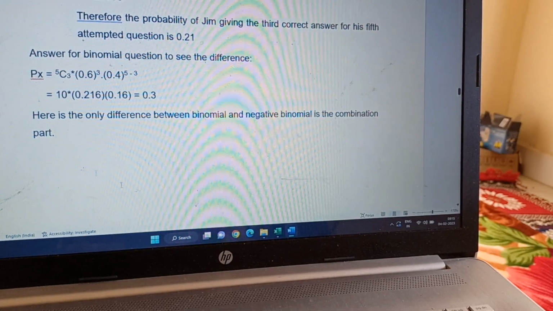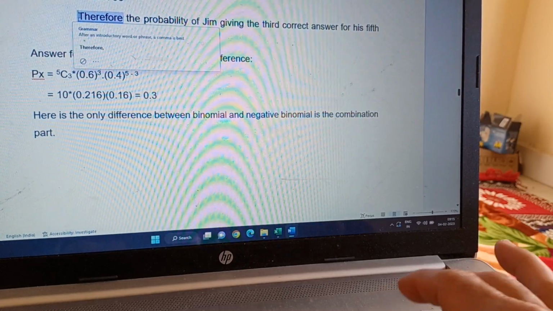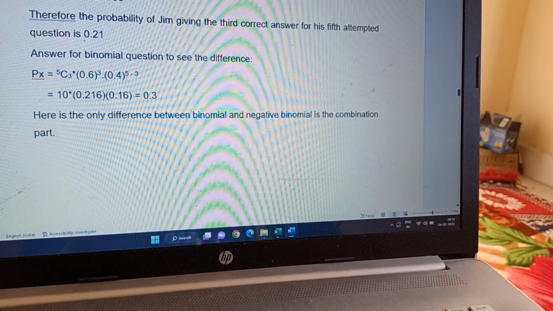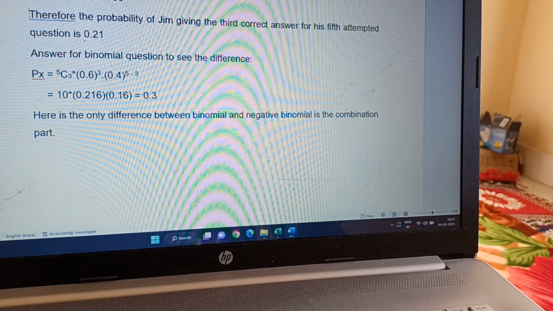Okay, it is 0.21. Now we go to the binomial question, meaning answering exactly 3 questions out of 5. The examiner could also write answering 3 questions correctly out of 5. It doesn't have to be the word exactly or only, but normally a statistician writes it to define it so that you can identify it easily.